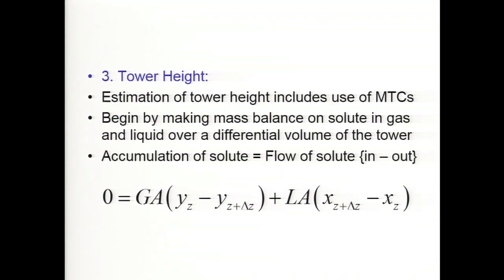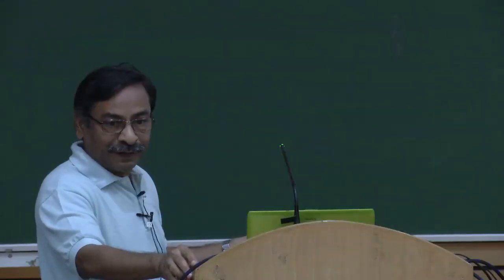So this quantity is positive, this quantity is negative. So we have the net input minus output with the gas plus the net input minus output with the liquid, added together, must give you 0 if there is a steady state. In a little while this will become obvious.